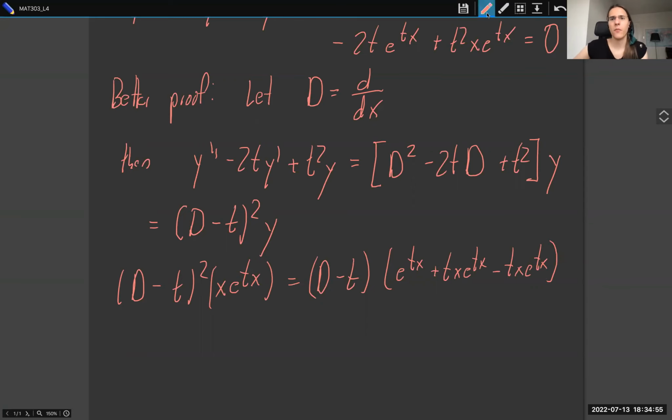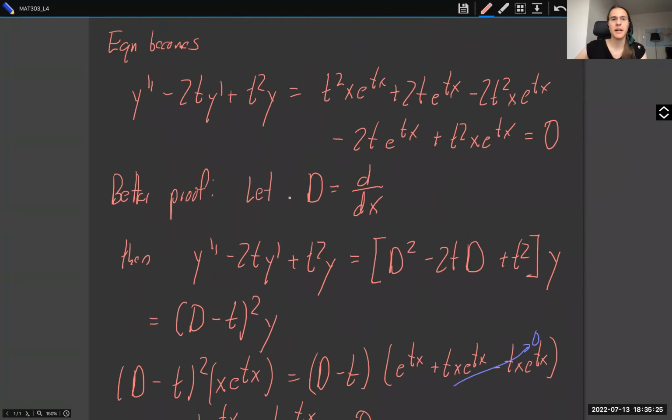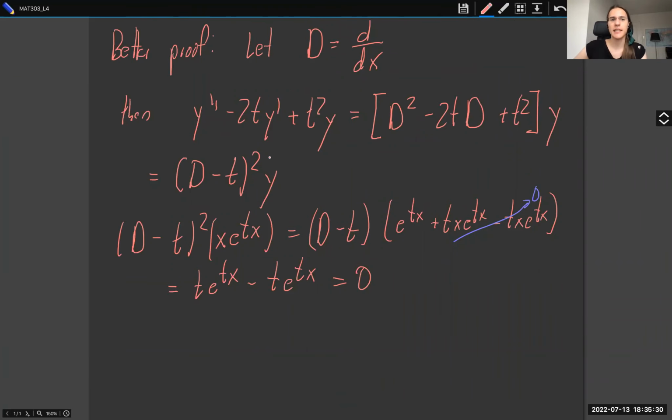So that cancels out, and we just get D minus t of e to the t x. That's going to equal, when we differentiate e to the t x, we get t e to the t x, and then we subtract t e to the t x. And so that's 0. Notice that this calculation was much easier to do than the calculation above. So the idea is that we can represent this thing as being some differential operator.